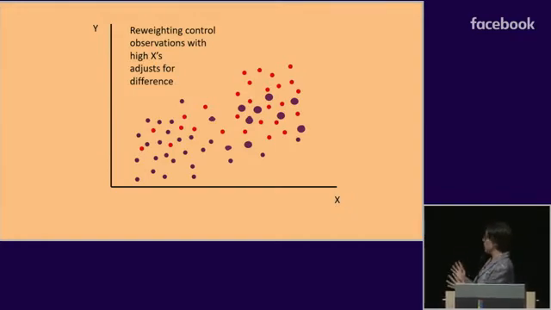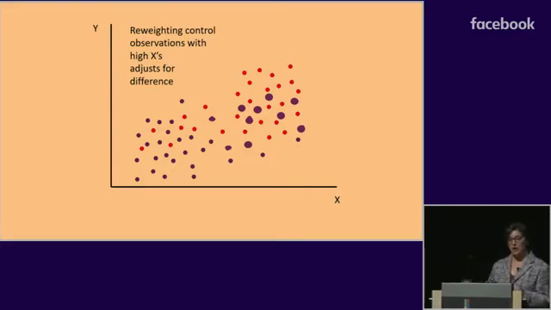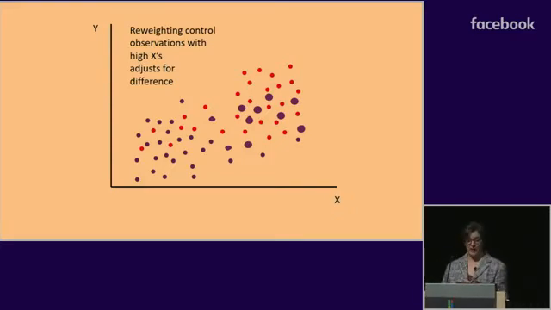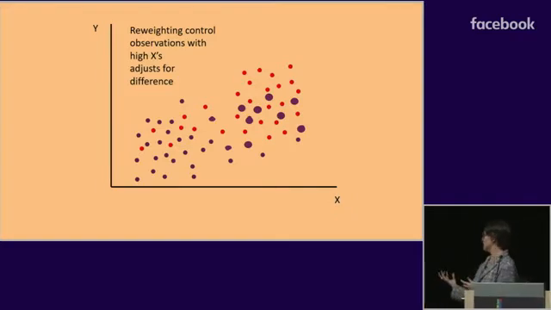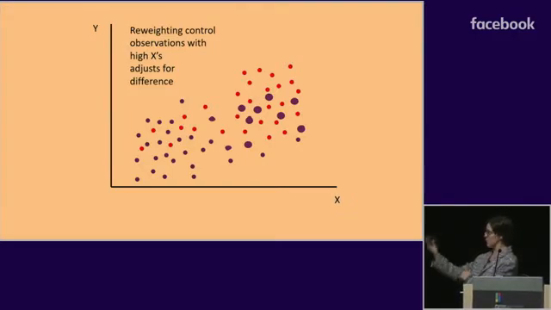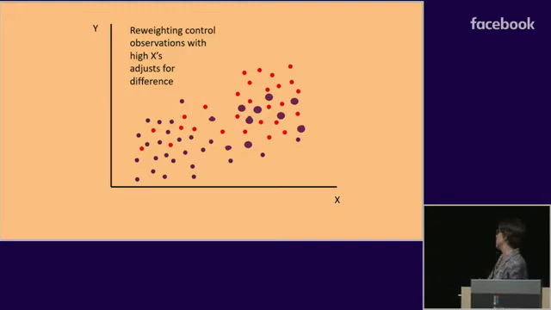And if I do reweighting, then I can basically adapt for the fact that x was correlated with the treatment assignment, and I can then compare the weighted average of the purple guys, the control guys, and say, well, that's what would have happened to the treatment guys if they hadn't been treated. And then I would say, OK, if the reweighted average purple is lower than the red average, then there's a treatment effect.